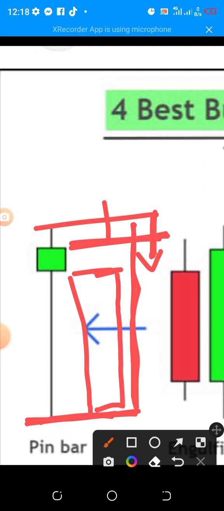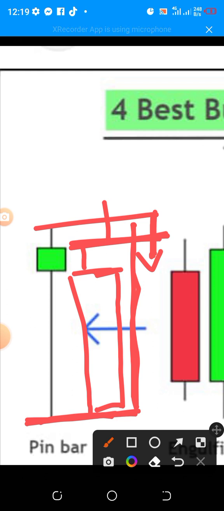What's a pin bar? It has a long down wick and just a simple wick at the top, but the body can be red or green, it doesn't matter. It has a long leg. That is what we call a pin bar.